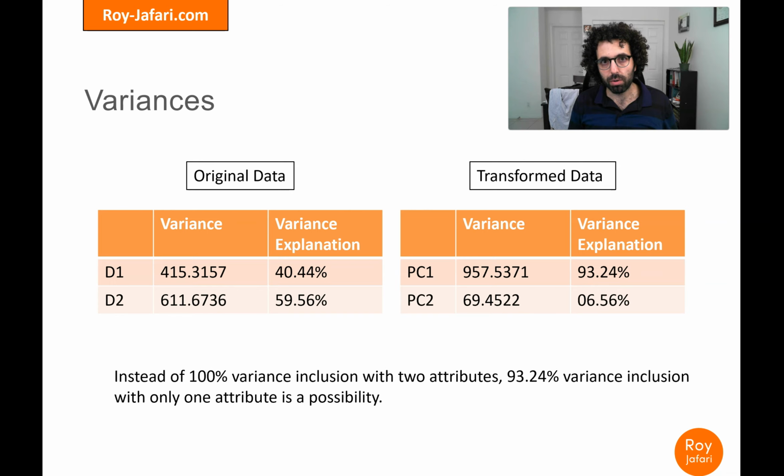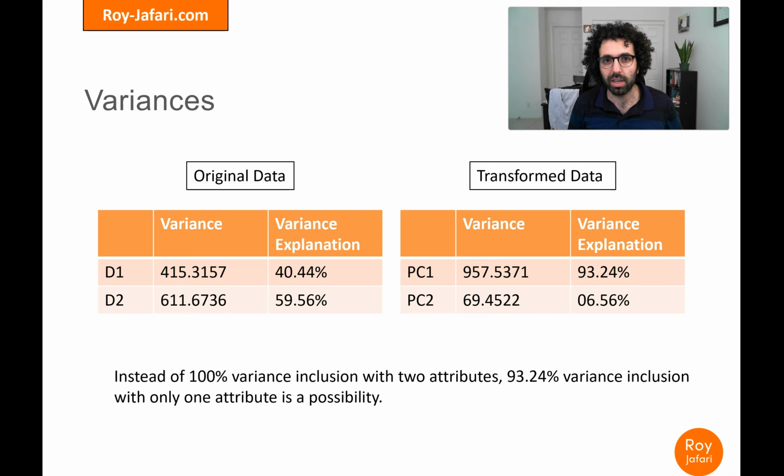So with two attributes, we could show 100% of the variation, but with PCs we can cut the number of attributes by 50% while keeping 93% of the information in our data, which is a pretty good compromise.